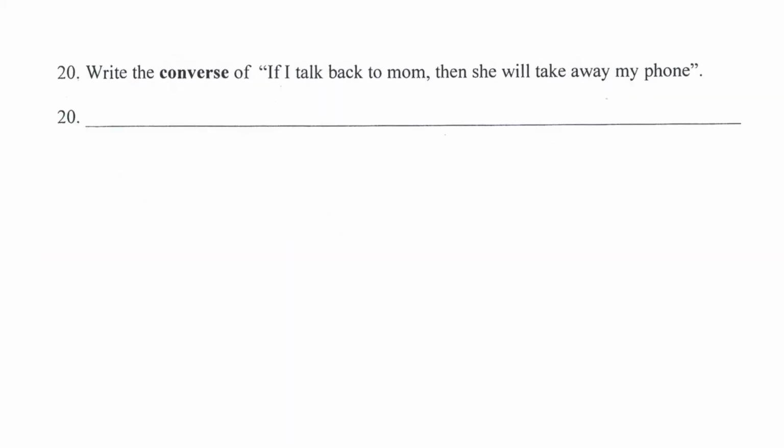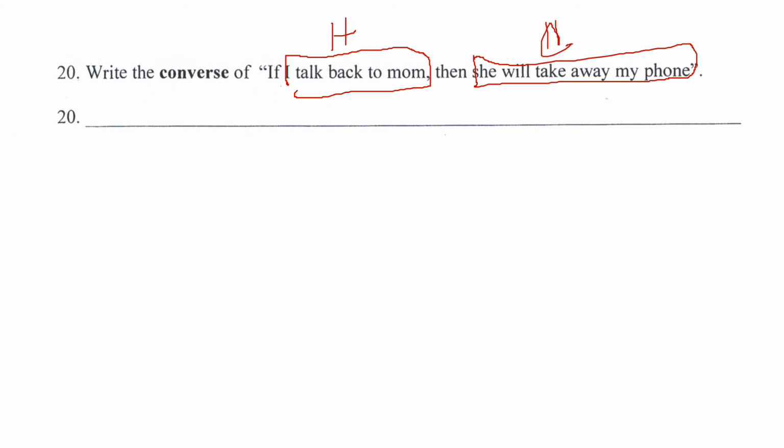All right. I want you to write the converse of this statement. And converse is when you switch the hypothesis, coming after the word if, and the conclusion, coming after the word then. So this is the hypothesis and this is the conclusion. So you don't move the word if.